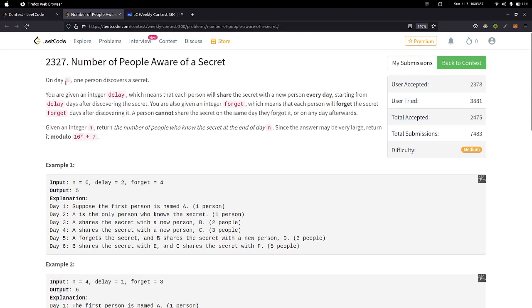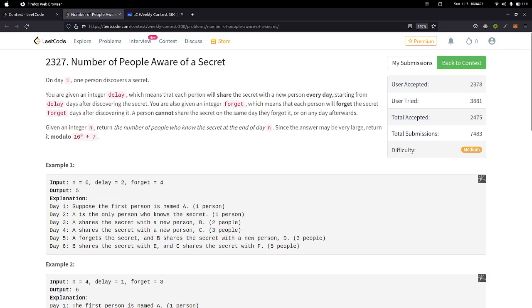So basically we have a secret message, and initially only one person knows that message, and then we are given two values, delay and forget, and each person who knows the secret will be able to share it with one more person on any given single day, right? That's the thing here.